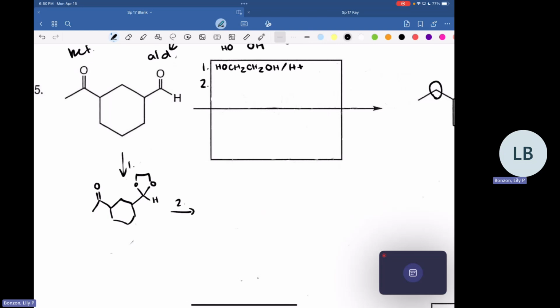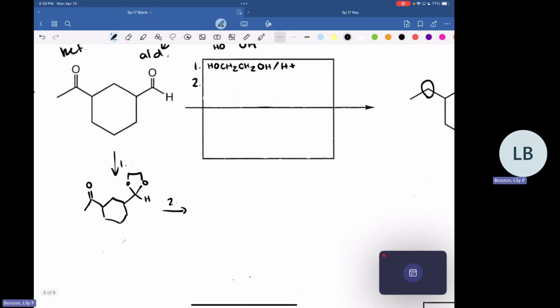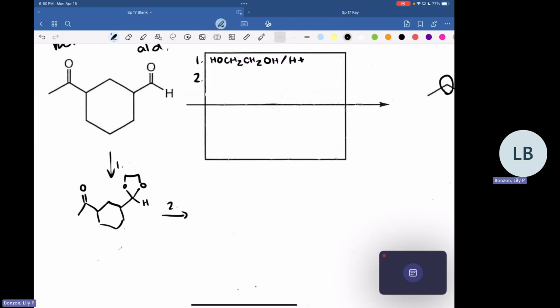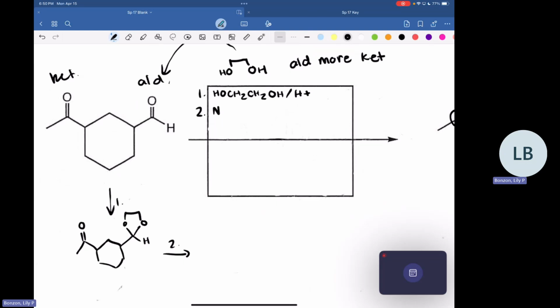So step 2, here we're going to want to get rid of the ketone because on the right we don't have the ketone. And so what we can do for this one is we can do a Wolff-Kishner reaction. So this one is NH2NH2, OH-, and heat.